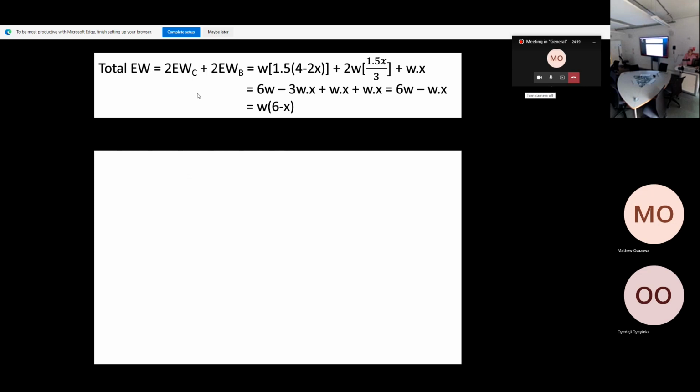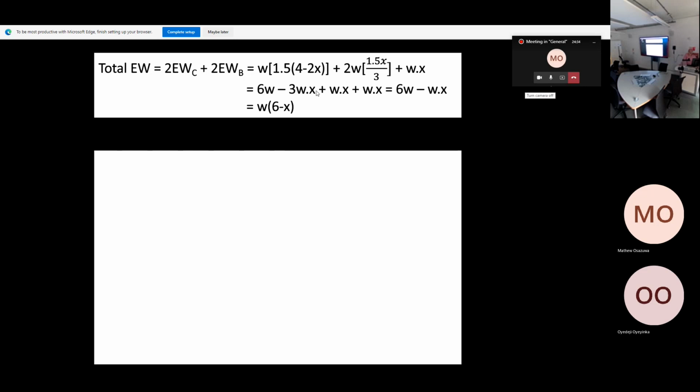So we have WD plus WB plus WC plus WA. So we have twice that plus twice the external work of B. So I've multiplied here by 2, and then you expand the brackets, which I have done here.